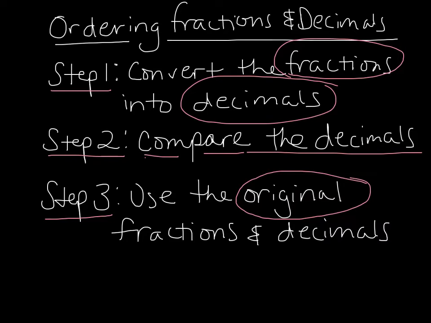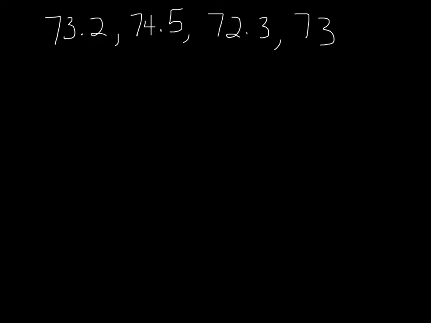So let's practice a few. Here I've got 4 numbers. 3 of them have a decimal, and then you'll see that one of them is a whole number. If there isn't a decimal, there's always an invisible decimal to the right of the ones place. This is the ones place. There's always a decimal next to it.